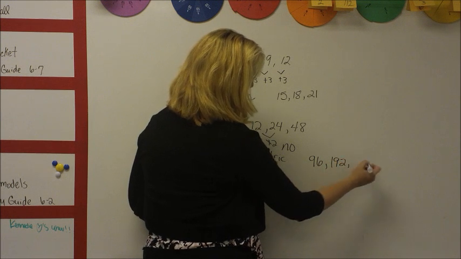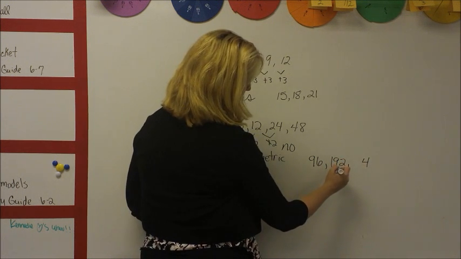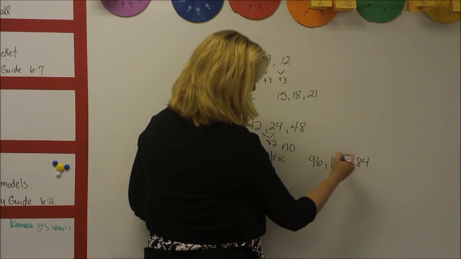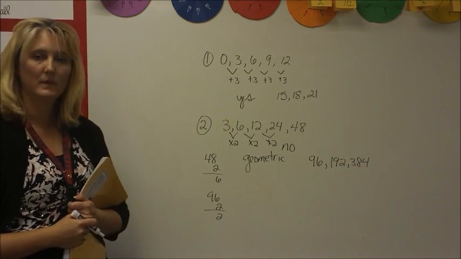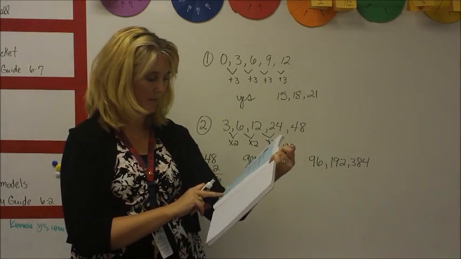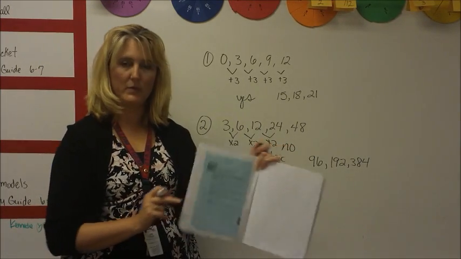And 192 times 2 is, what, 384? Okay, that's all we're doing for those problems at the bottom, 1 through 6.